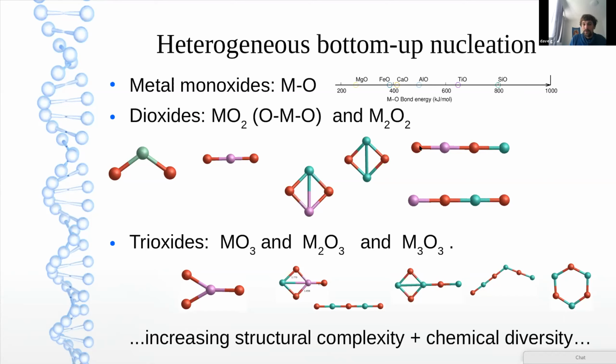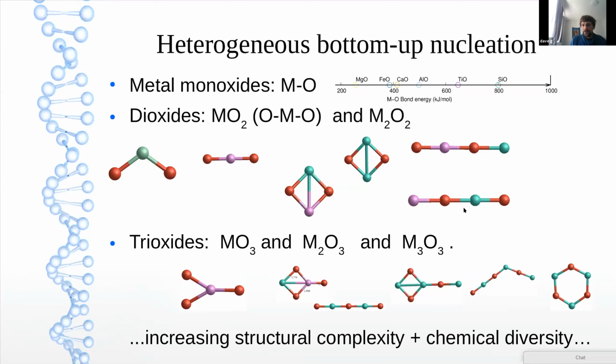You can move up and go to dioxides, and here I displayed titanium dioxide, which has a bent structure, and silicon dioxide, which has a linear structure. The structural diversity for the dioxides is not yet that big. Here you have these square forms of the mixed metal oxide clusters of Al2O2.